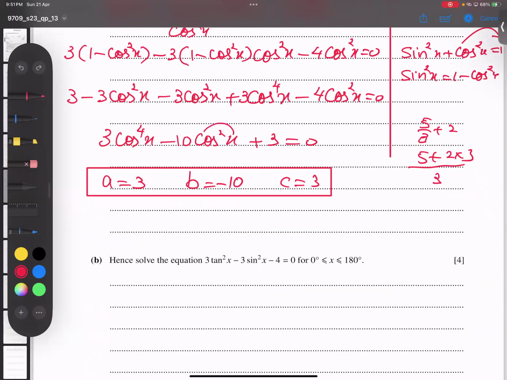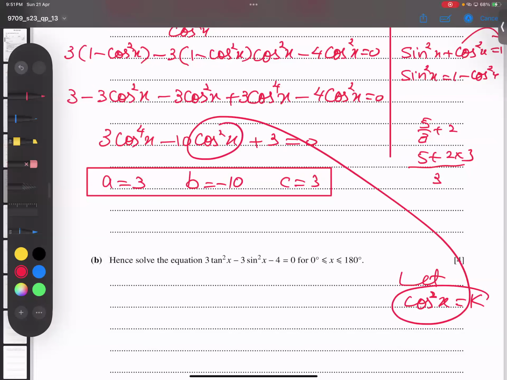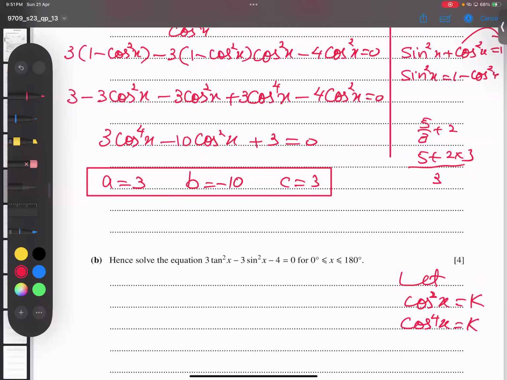Now, students, this cos square and cos 4, and I said many times, if this double power is here, like 2 2s are 4, so we can apply directly, or we can say cos square is equal to any variable, let's say k. And if this is k, students, so naturally squaring both sides, I get cos 4 equal to k to power 2. So this is becoming k to power 2. So 3k square, minus 10k, and plus 3 equals 0.